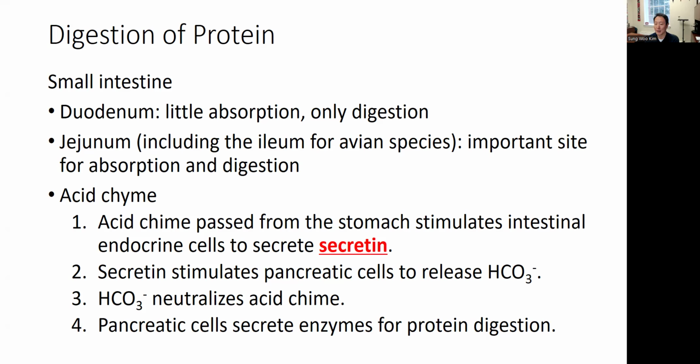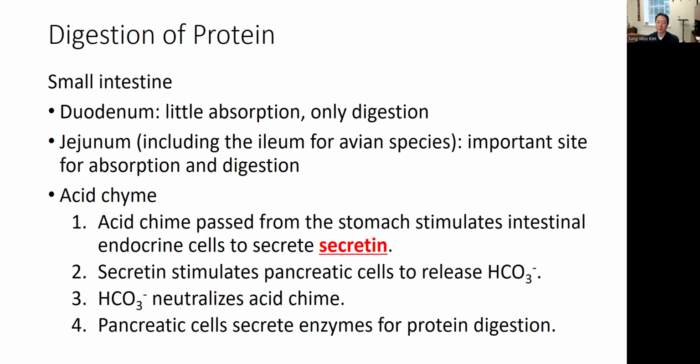Earlier, we talked about gastrin, and now we're talking about secretin. The function of secretin is stimulating the pancreatic cells to release hydrogen carbonate or bicarbonate, the same thing.